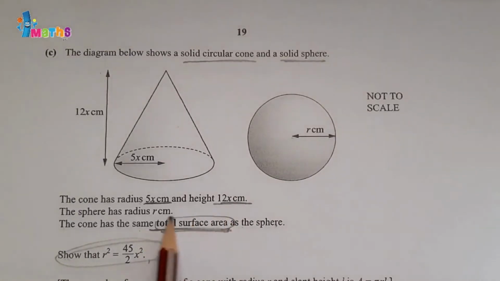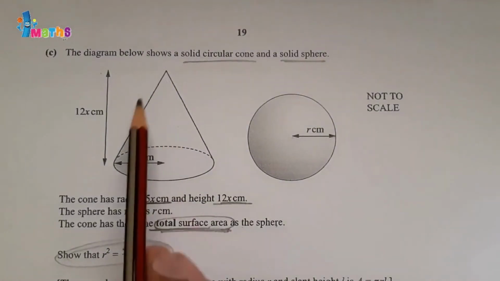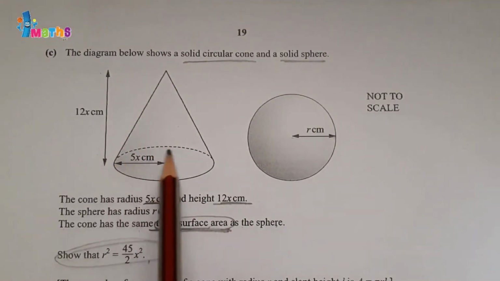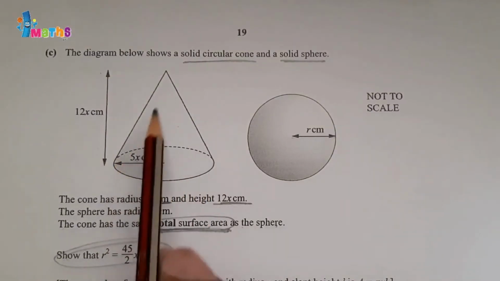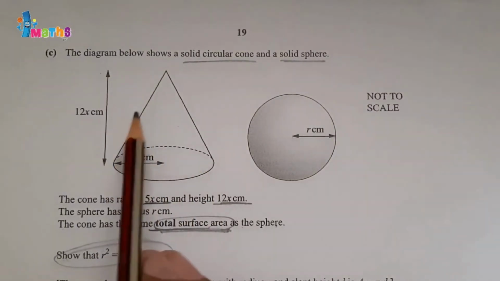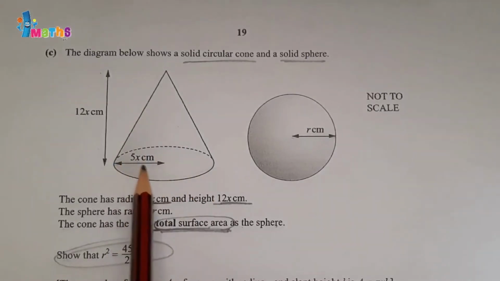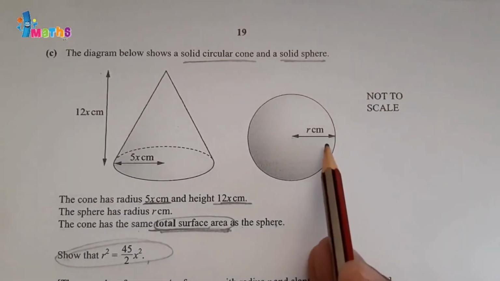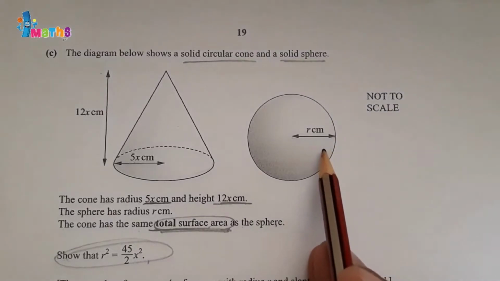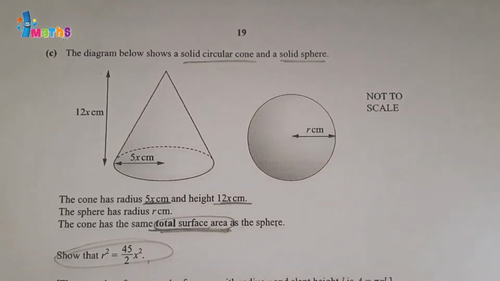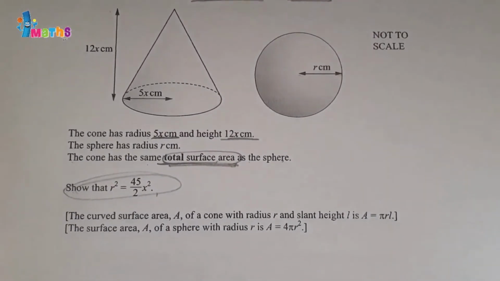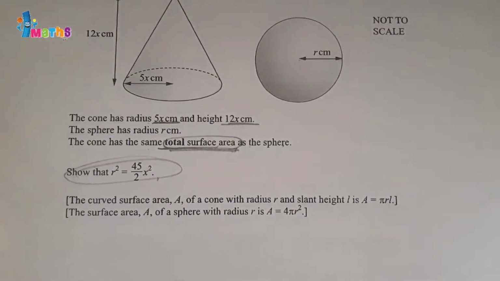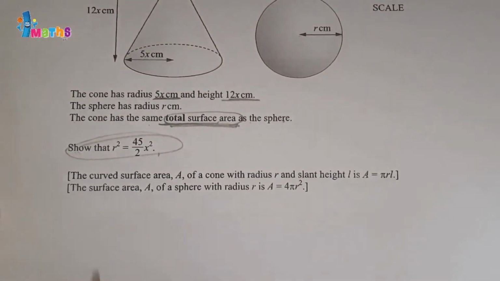And total surface area, you should keep in mind, is curved surface area plus the base also. So because this is solid, the curved surface area plus the base area will be the total surface area of this solid cone. Now the formulas are provided.